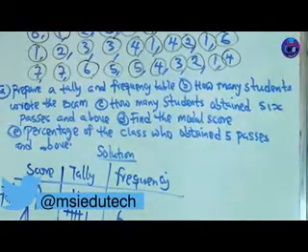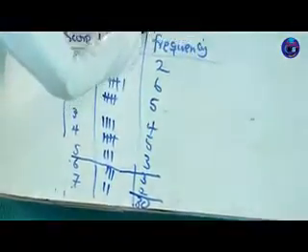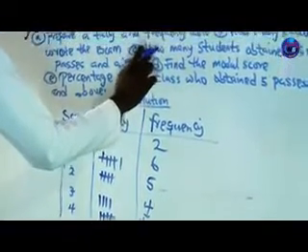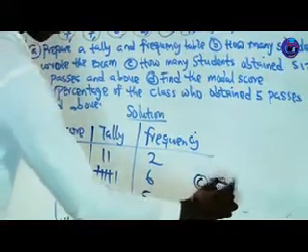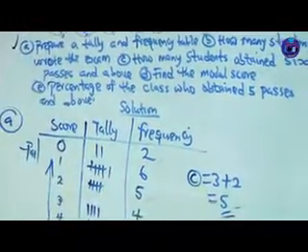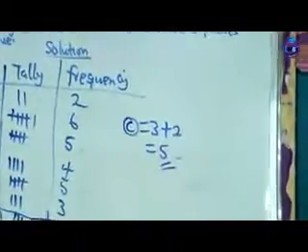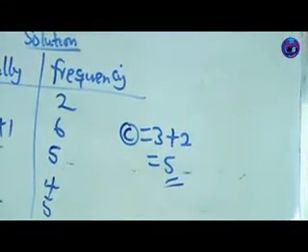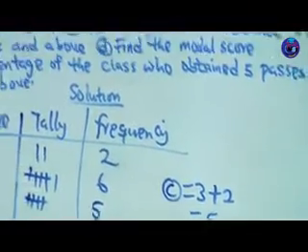So from 6 to 7, we have 3 and 2. That means the answer for C will be 3 plus 2, which is 5. So that means 5 students passed the test, if the pass mark is 6 and above.